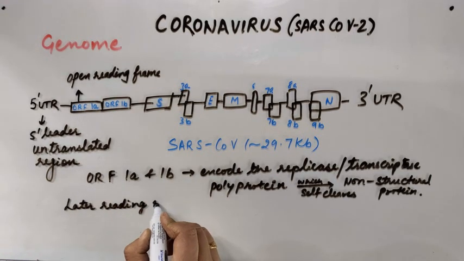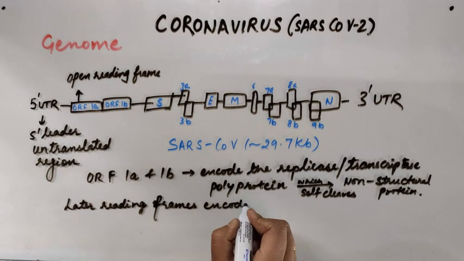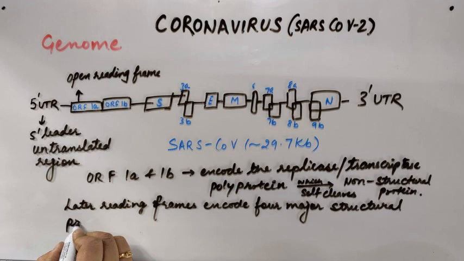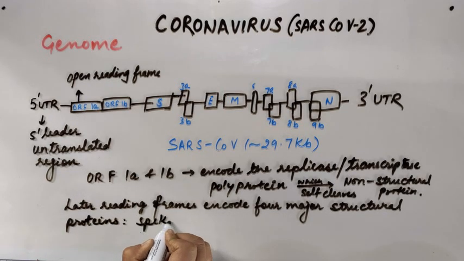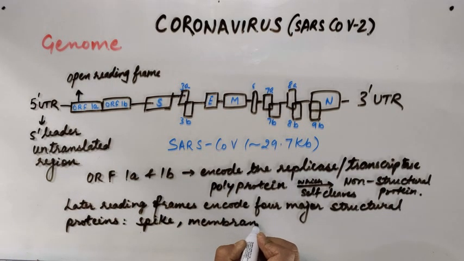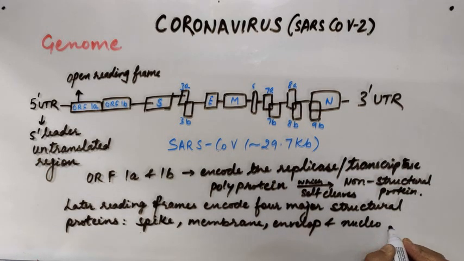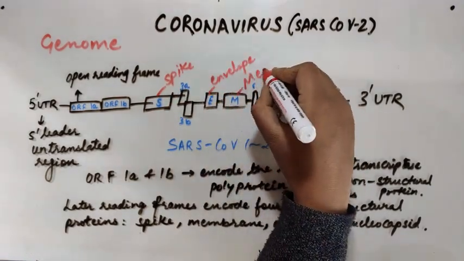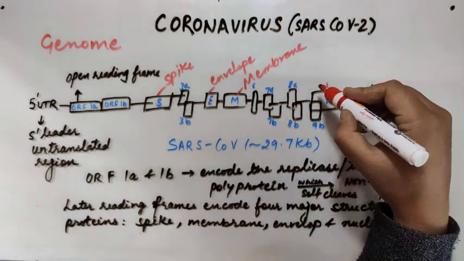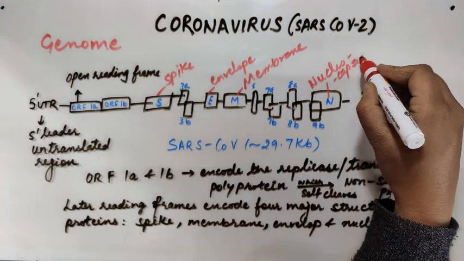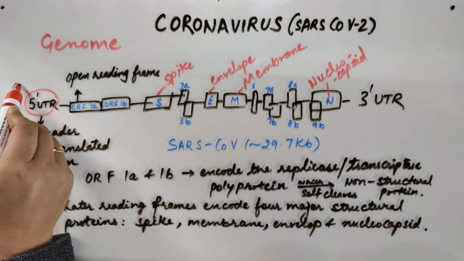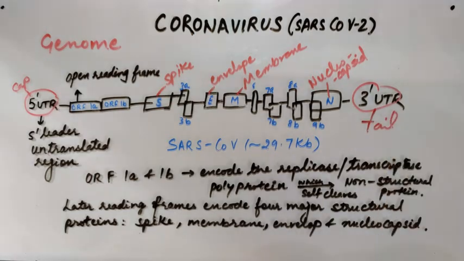And the later reading frames encode 4 major structural proteins, namely spike proteins, membrane proteins, envelope and the nucleocapsid. This is spike protein, envelope, membrane protein and the nucleocapsid. This is the 5' cap, and this is the 3' tail.